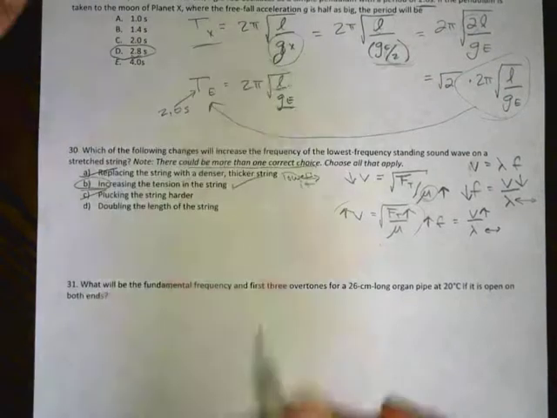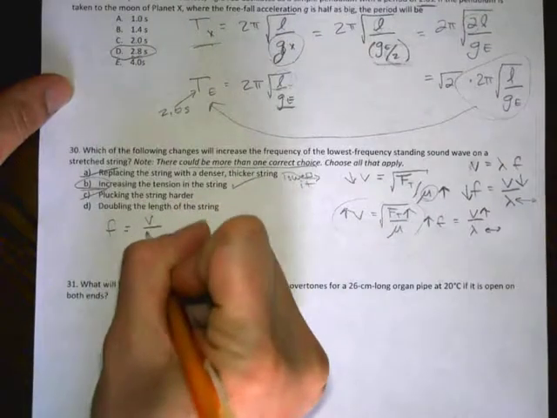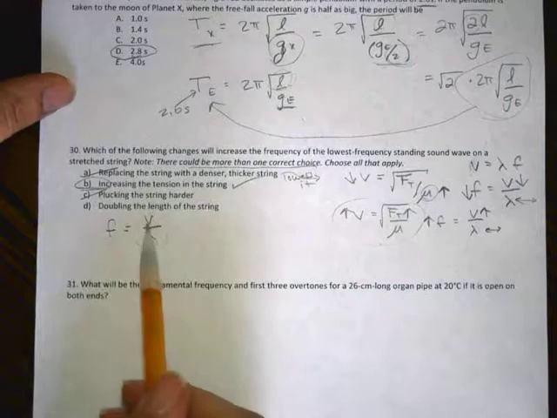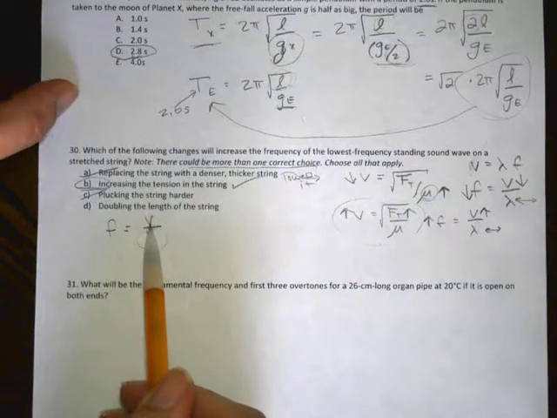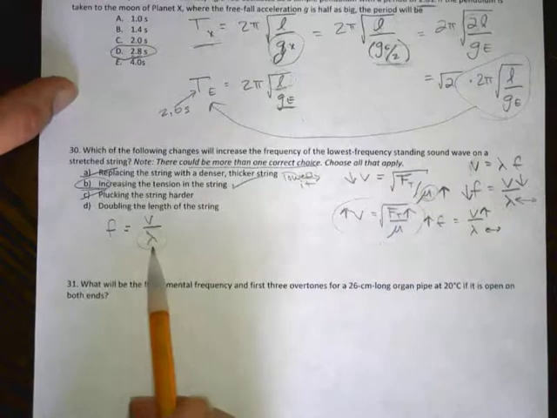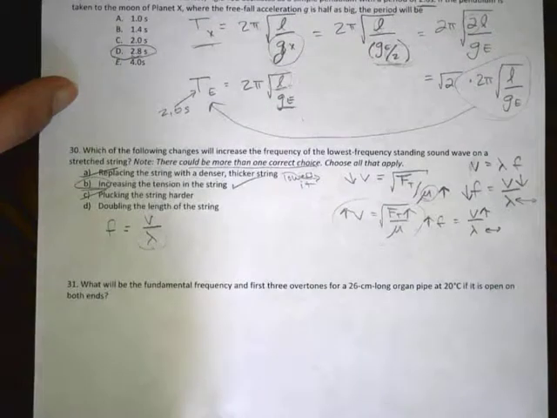If you double the length of the string, let's return to this here. Frequency is v over wavelength. Doubling the length of the string is not going to affect the speed of that wave, right? The speed of the wave is determined by the tension and the mass density, but it will affect the frequency of the standing wave that you oscillate.